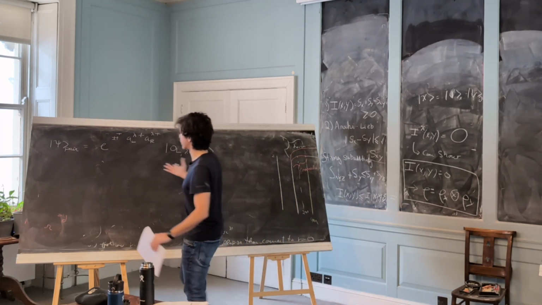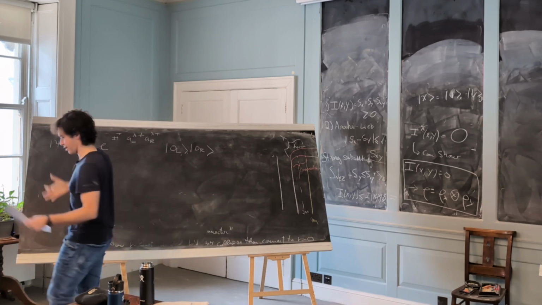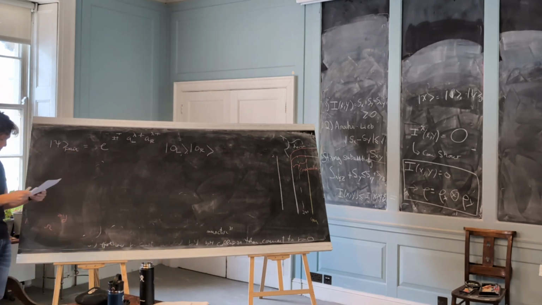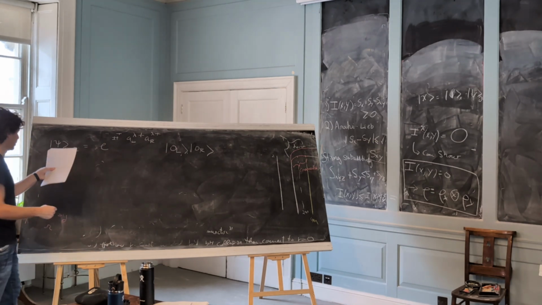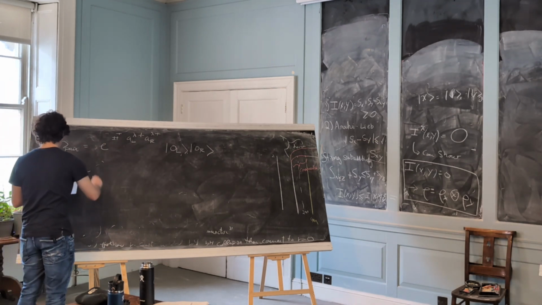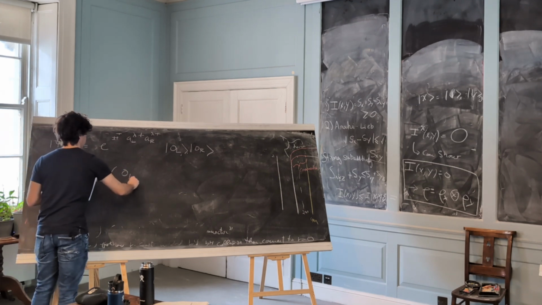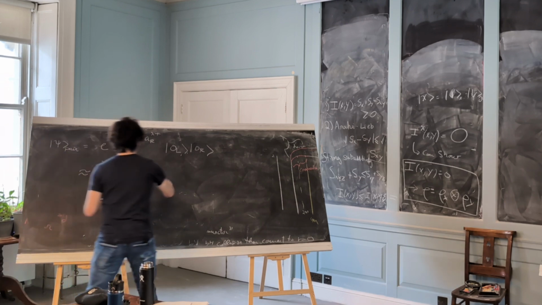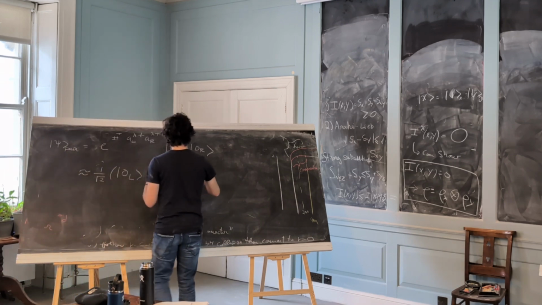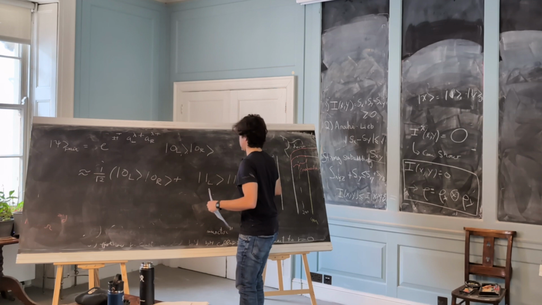It was correlated left and right, and here you're generating this thermal population, right? So at short times, you can expand this out. This will be an entangled state, plus.